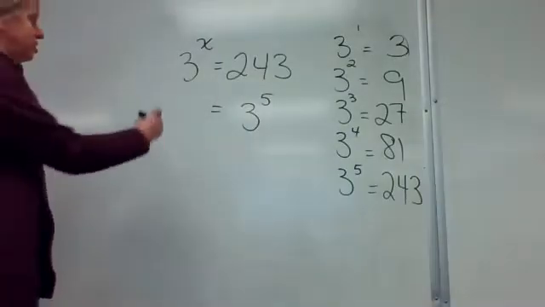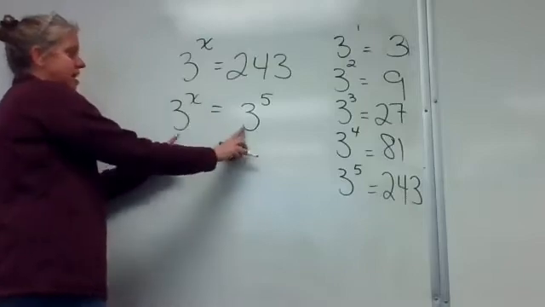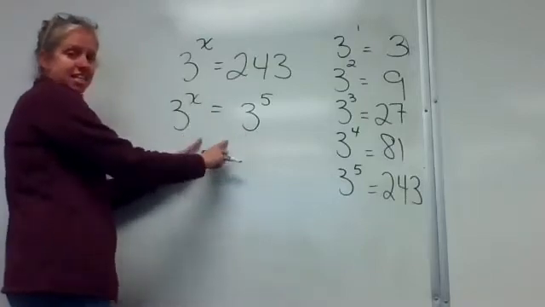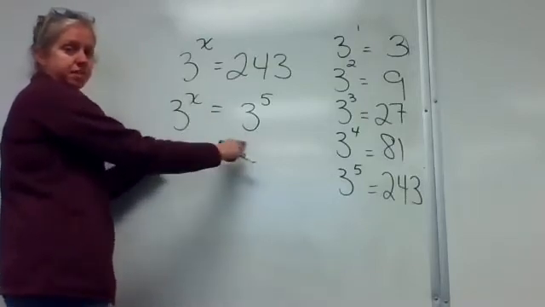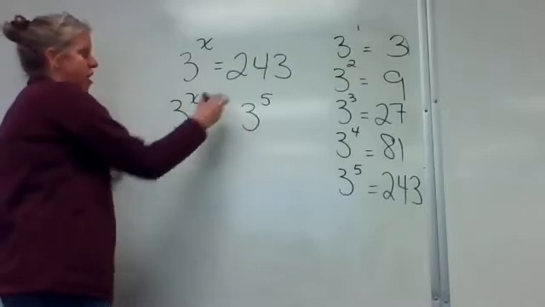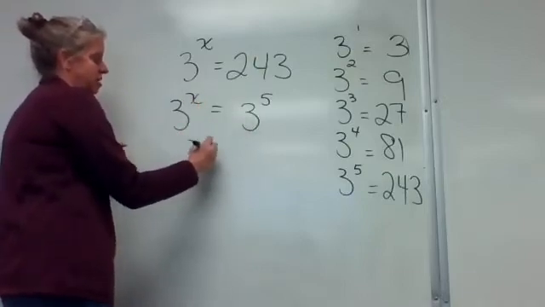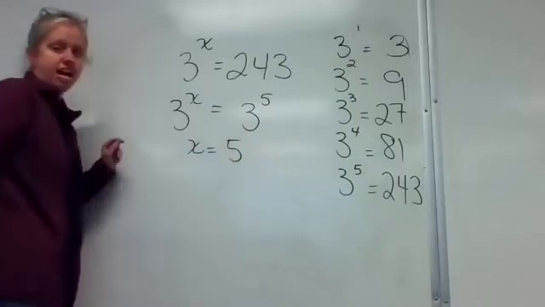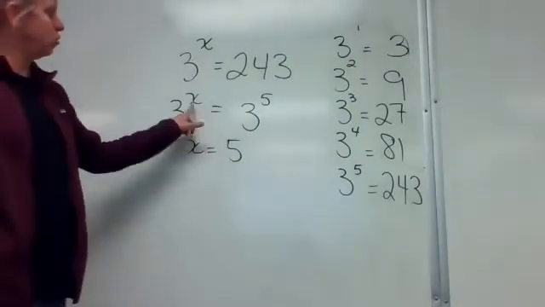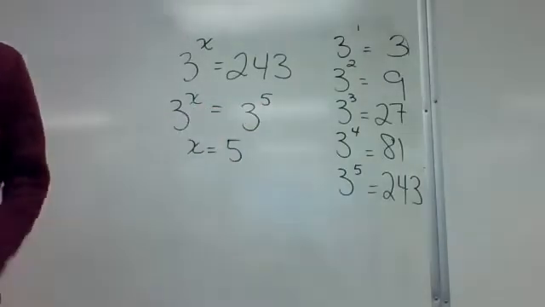Because that is 243. So if you turn your bases into the same number, then you just solve the equation by saying this exponent is equal to that exponent. So this x would equal 5.